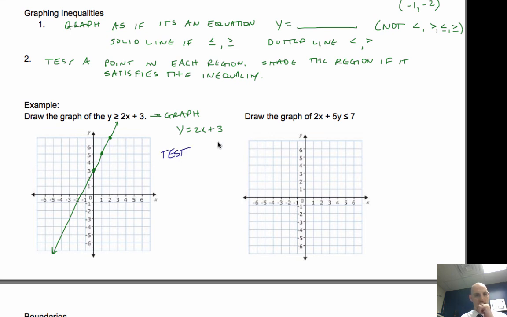And I'm going to test. I see that 0, 0 is not on the line, so 0, 0. So y is greater than or equal to 2x plus 3. So 0 is greater than or equal to 2 times 0 plus 3. Zero is greater than or equal to 3. So that is false.